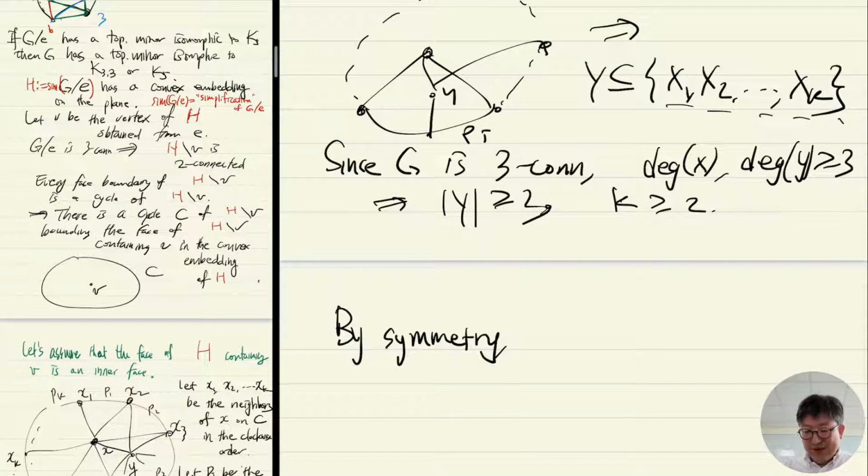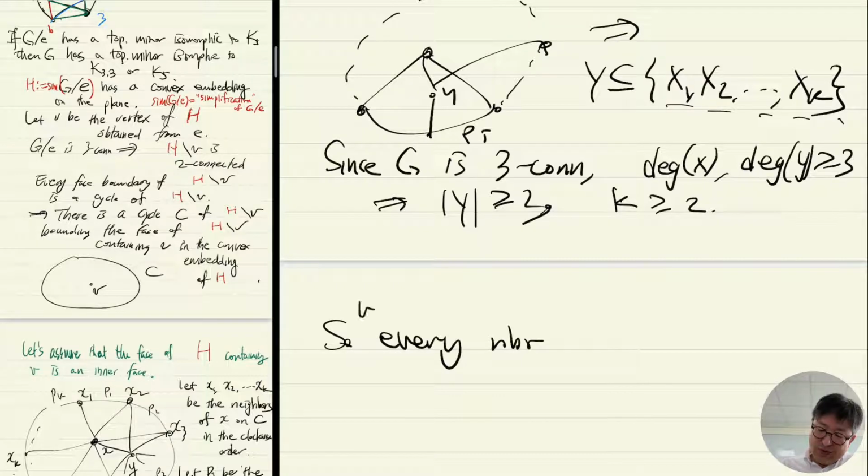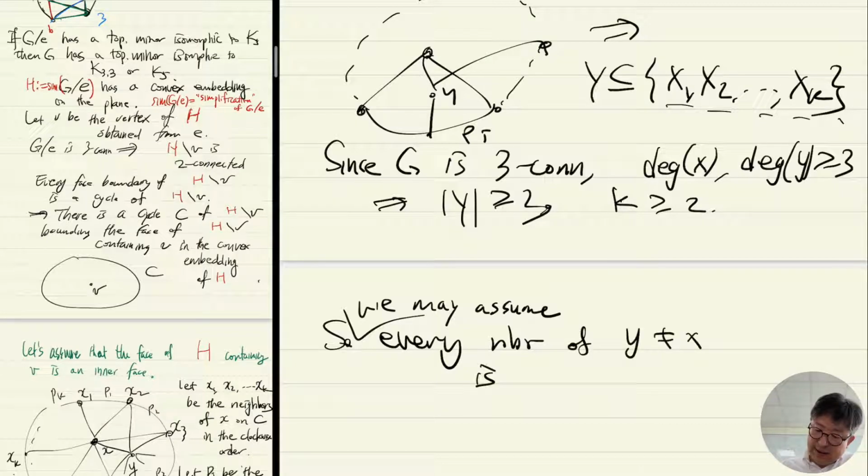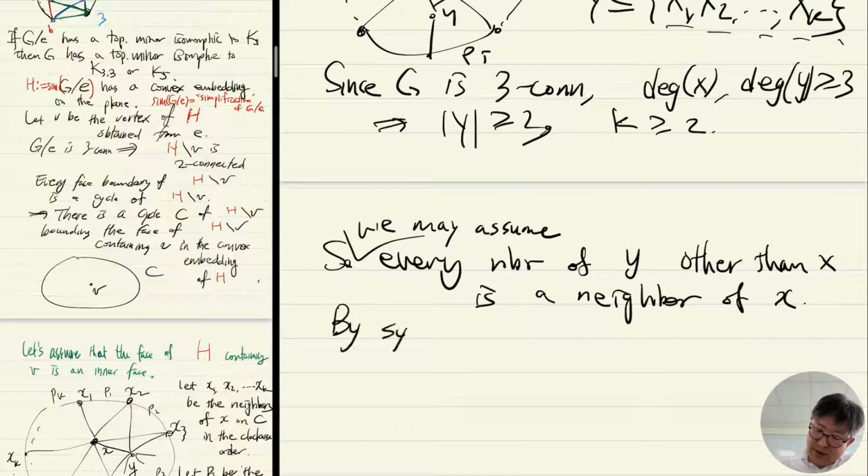By symmetry, yes, okay, let me say that. So we may assume every neighbor of y other than x is a neighbor of x.